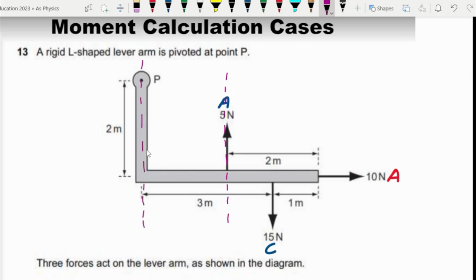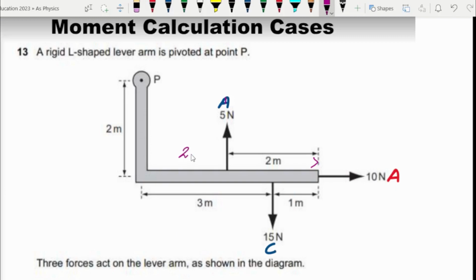And what is the distance between these two? देखो, टोटल आपके पास यहाँ से यहाँ तक 4 meters है. Out of that 4 meters, 2 meters are on the right side. जो remaining 2 meters होंगे, that would be on the left side. So the distance of this force from the pivot is 2 meters.